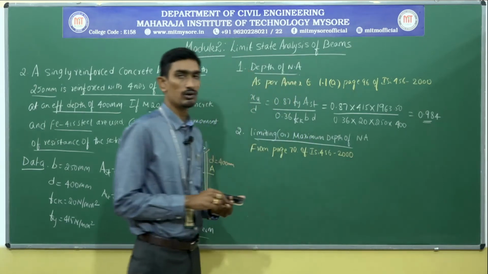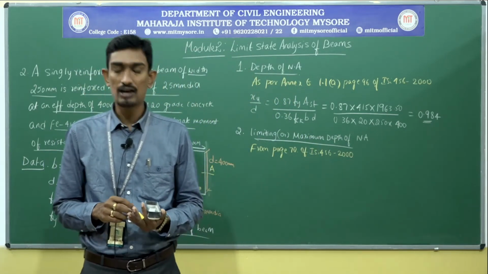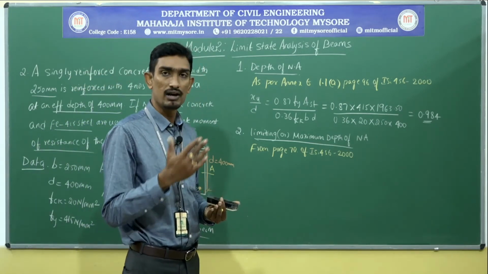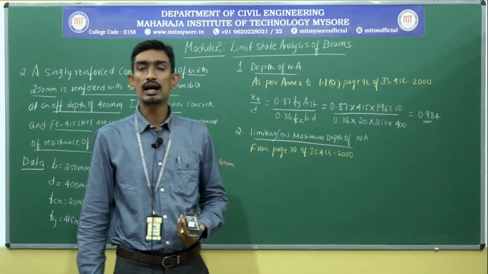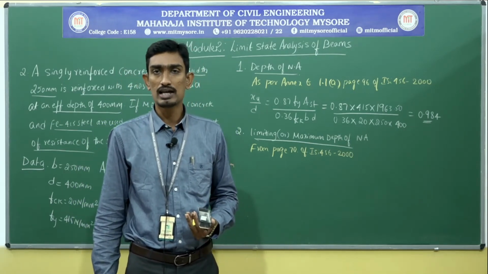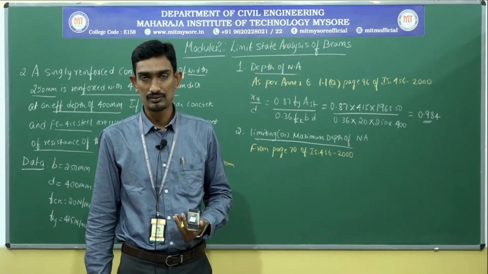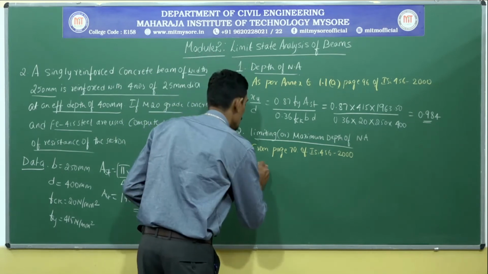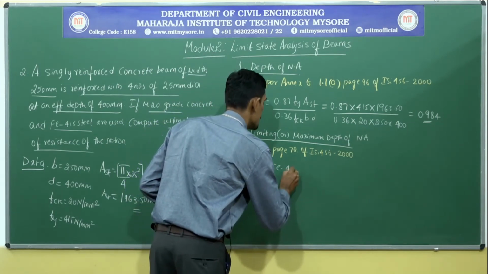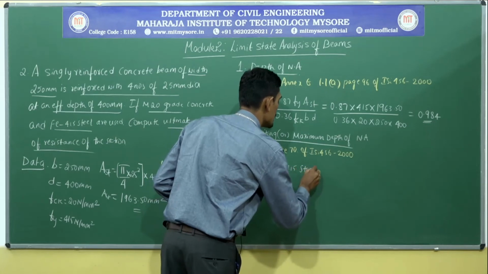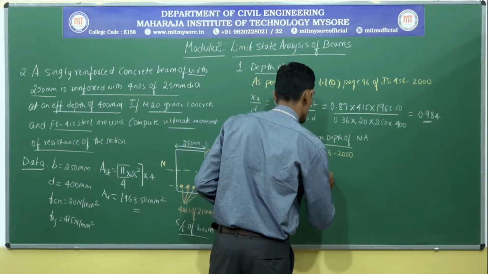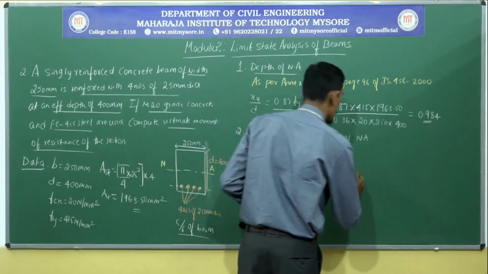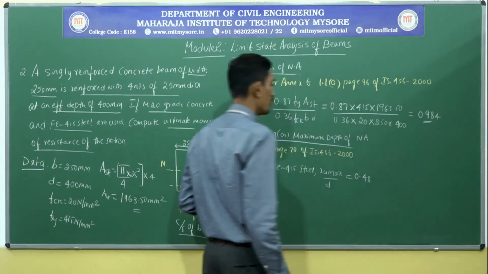In the note, they have given that xu max by d will vary depending upon the grade of steel, as I mentioned in the yesterday class. So now, since it is for Fe415 steel, xu max by d, or xu lim by d, equal to 0.48.